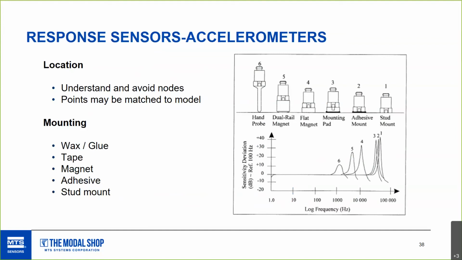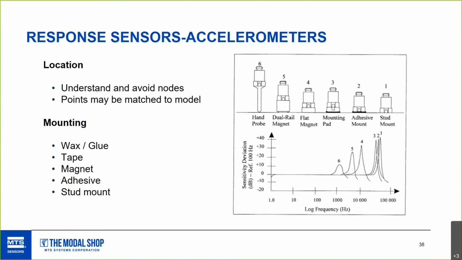So from there you can use a tape, a low magnet, and then when you get into your adhesives like a super glue or cyanoacrylate or a two-part epoxy, that's going to be great for high frequency response. When in doubt, if you can just use a super glue with the adhesive mounting base that's included with many sensors, if the sensor isn't meant to be adhesive mount to begin with, you will be in good shape as far as frequency response.